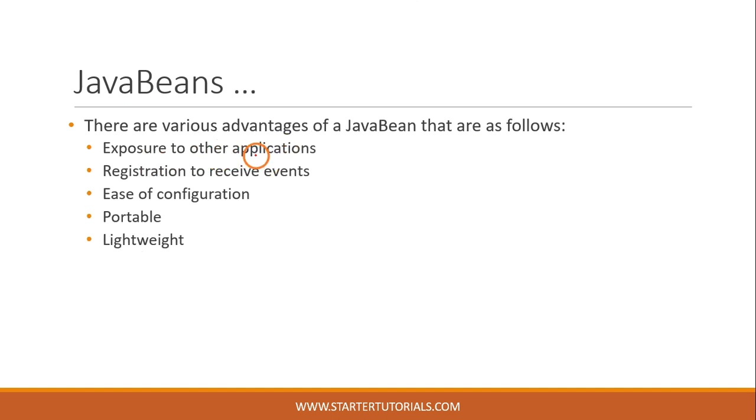Now, what are the advantages of these Java beans? The first one is exposure to other applications. It means we can simply create a Java class, a Java bean, and use it in servlets, which we have already discussed, and in JSP pages, etc. The next one is that you can use beans for registering to different kinds of events.